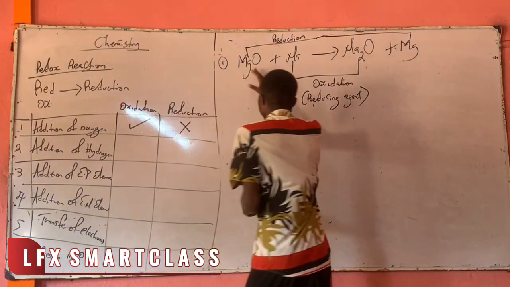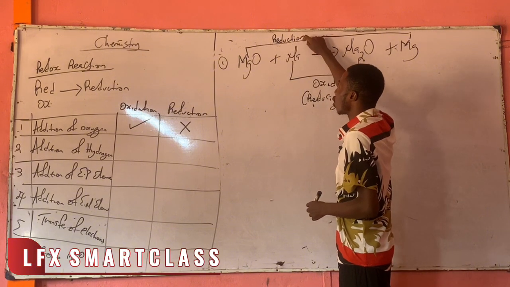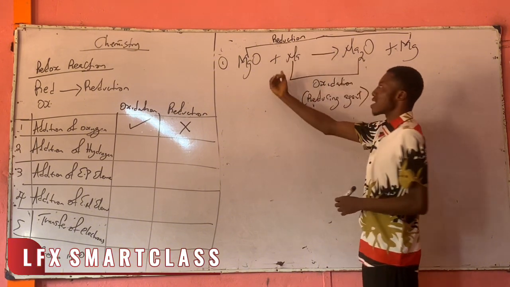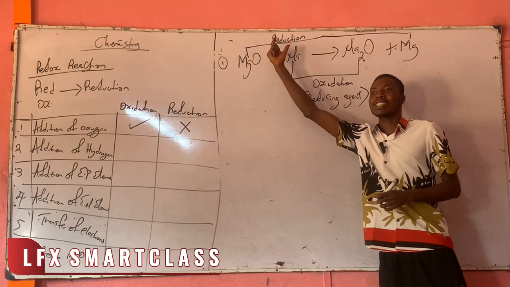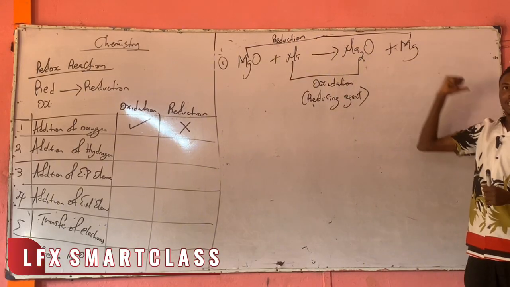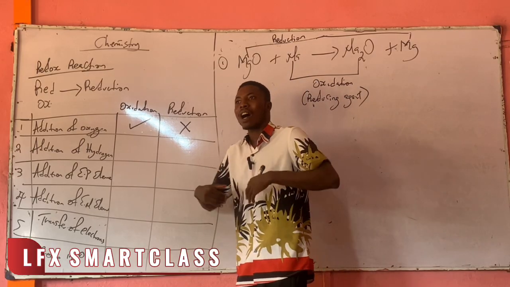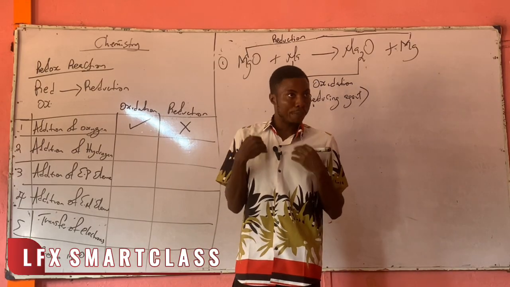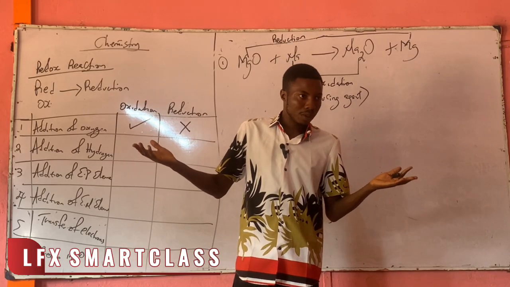Now, coming to this particular phase, anything that causes oxidation is an oxidizing agent. Because this magnesium was the one that allowed oxidation to happen. Without magnesium, this oxidation would not have happened.